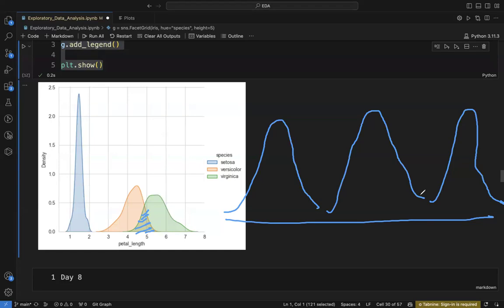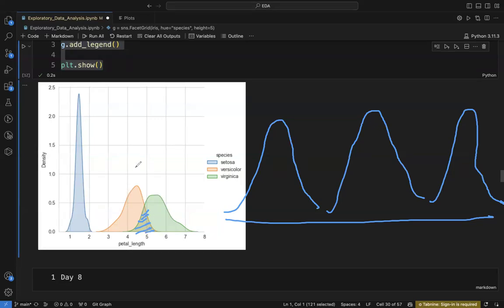If all three of them are well separated, that would have been the best case. But that's okay. What I have here is fairly good. I have some overlap here, but that's fine. We will deal with it. So this is when I use petal length as my feature.